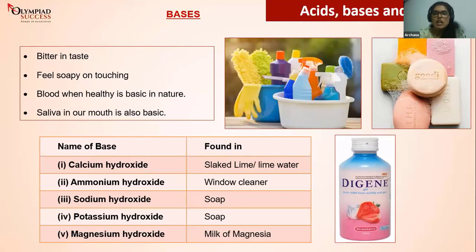That is what happens. So as we have acids in and around us, we have bases in and around us also. We have something called slaked lime or lime water, which is calcium hydroxide. This is used when we use fertilizers. Excessive fertilizers release a lot of acid into the soil.